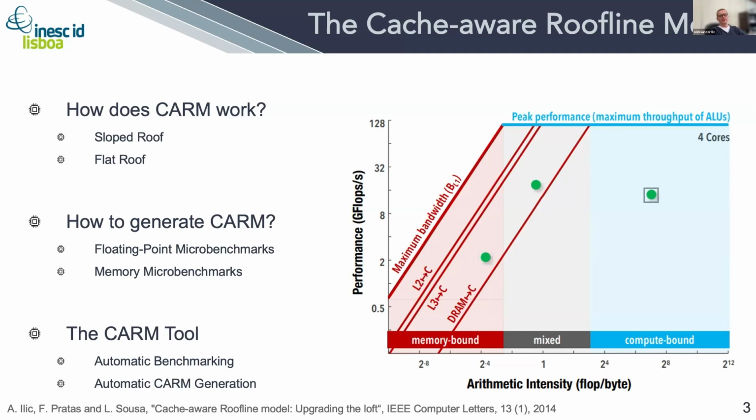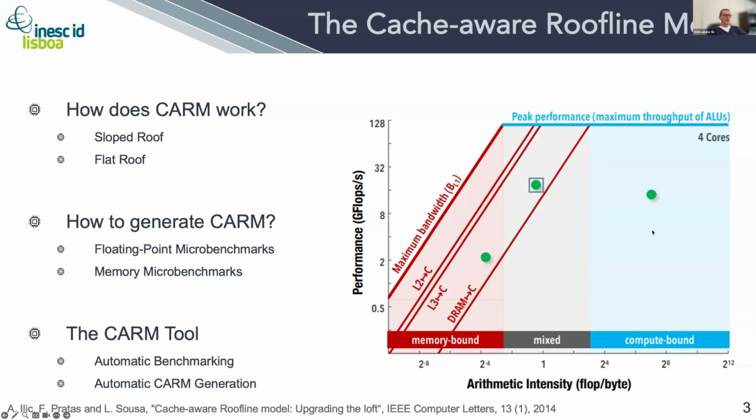If you're in the blue part here, you should focus more on compute-oriented optimizations, which can be vectorizing your code, reducing the impact of long latency instructions, or even parallelizing it if your code is not. If you're in the mixed region, this is the region where you actually have the impact of both. So it means that in order to reach the maximum of the architecture when you're optimizing your application, here you would need to apply both memory and compute bound optimizations.